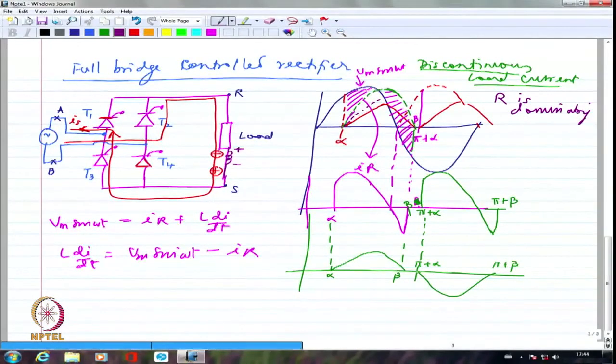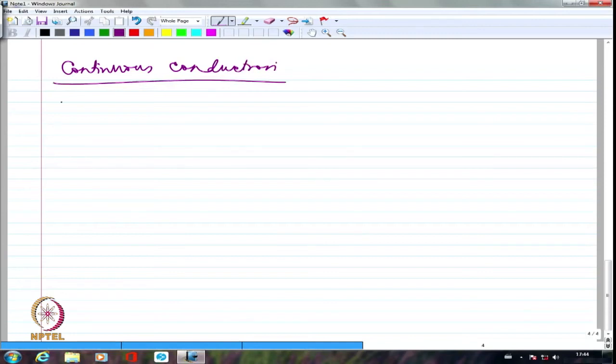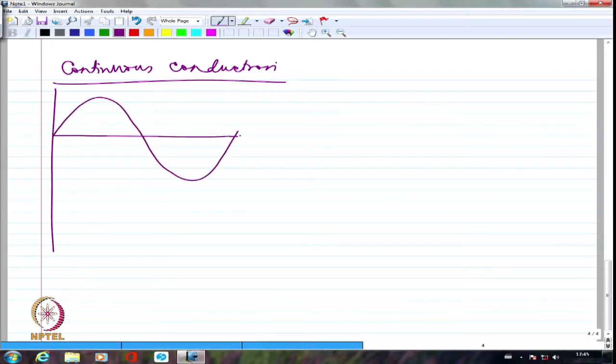So let us look at the kind of waveform corresponding to continuous conduction. I am going to have the voltage waveform like this, right? And I am saying continuous conduction, which means the current cannot start from 0.